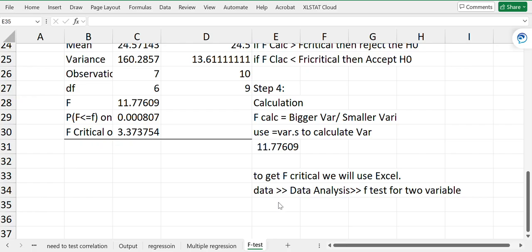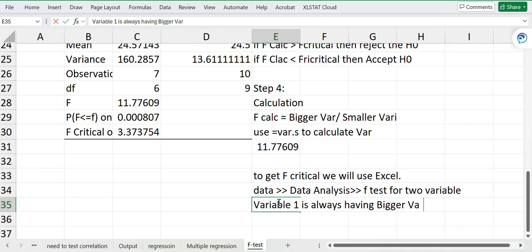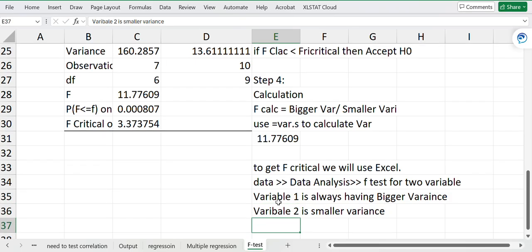I'll just make a note about the variables here. Variable 1 is always having the bigger variance. Variable 2 has the smaller variance.